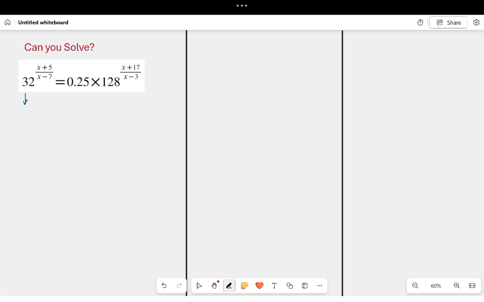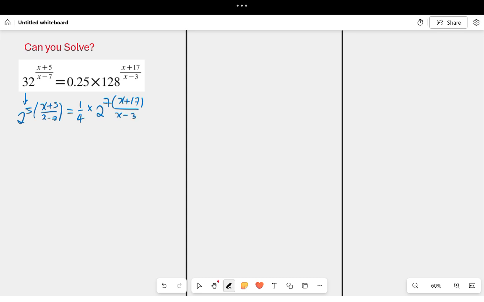So 32 is the same as 2 to the power 5, into brackets x plus 5 divided by x minus 7, which is equal to 0.25, which is just like a quarter, times 128, which is 2 to the power 7, 2 to the power 7, then into brackets x plus 17 divided by x minus 3.